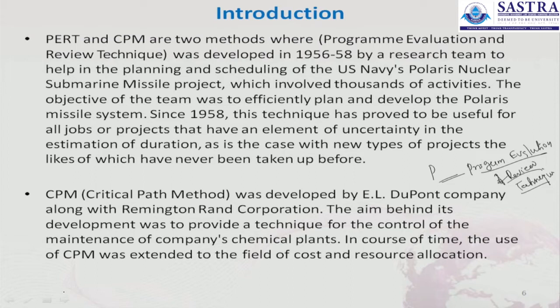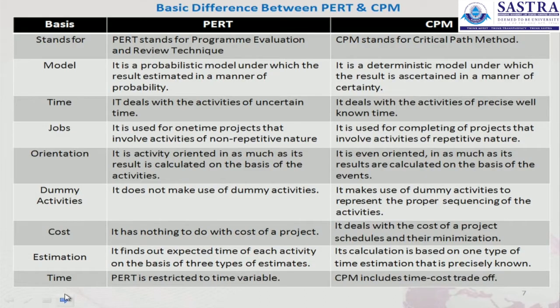In course of time, the use of the critical path method was extended to the field of cost and resource allocations. Actually, PERT is also used for minimizing the cost and CPM for minimizing the time duration. So these are two techniques that are used. There are some basic differences between them.